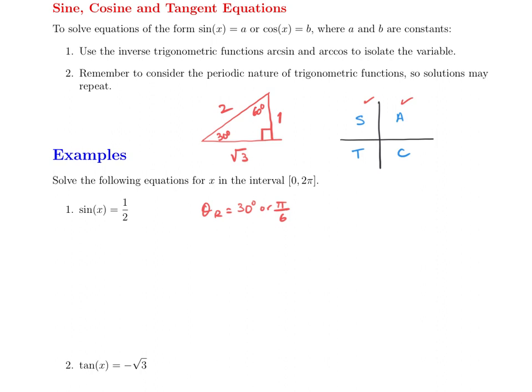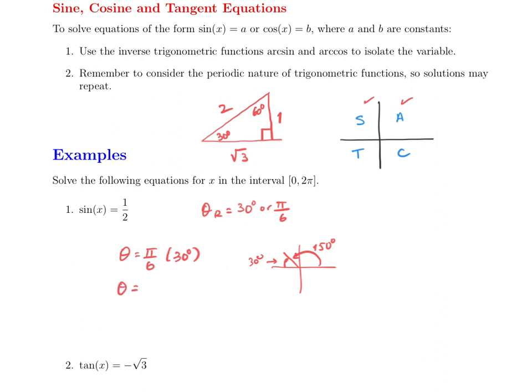So therefore, the reference angle is 30 degrees, or pi over 6. So therefore, the first solution is the reference angle, which is pi over 6, or 30 degrees, which represents this part. But also, if you are here, remember that the reference angle is 30 degrees, so this part has to be 30, so therefore the angle you're looking for is 150 degrees, which again, we have done more than once.